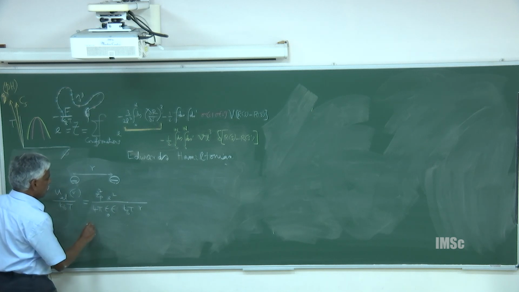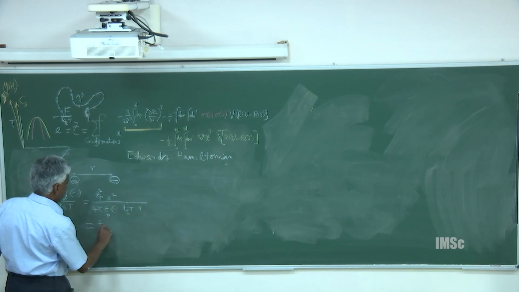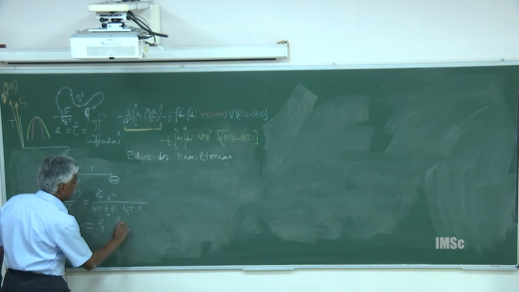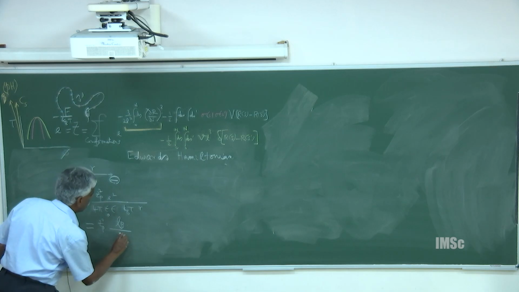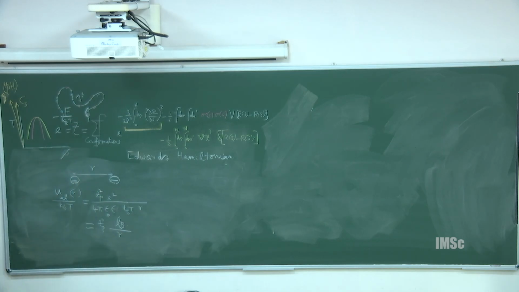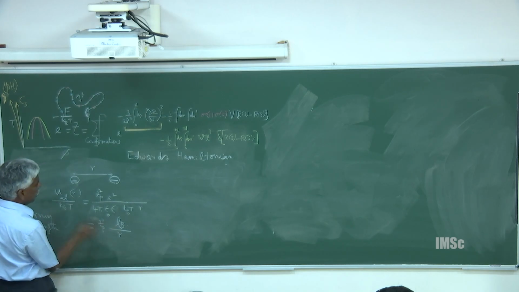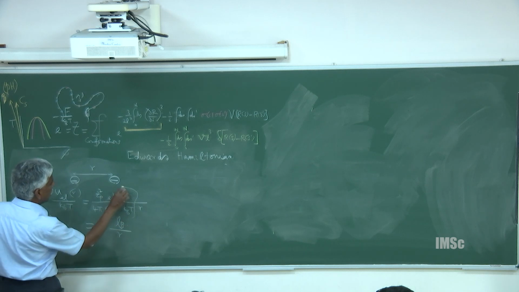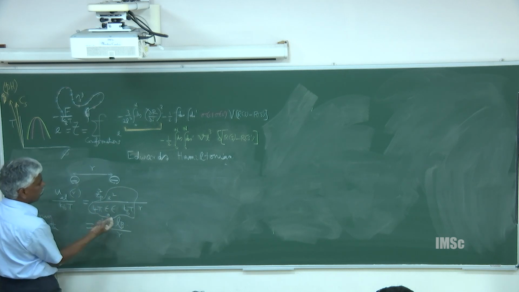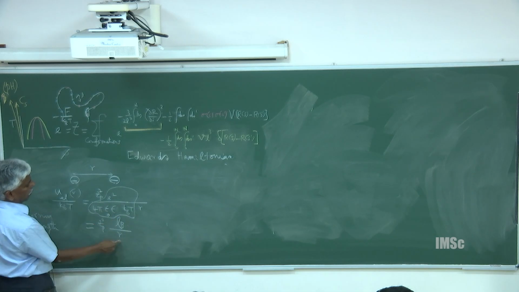Typically what we write is Zp squared times what is called the Bjerrum length, Lb, over r. Lb is called the Bjerrum length. We call it a length because it's a ratio, right. This is dimensionless, so this combination should have the dimension of length because r is a length here.